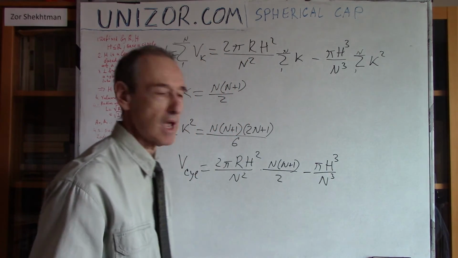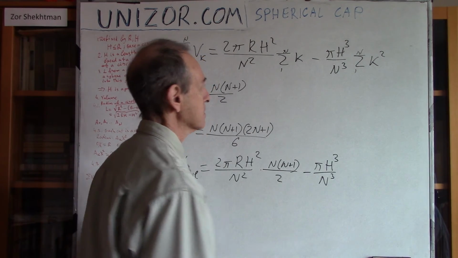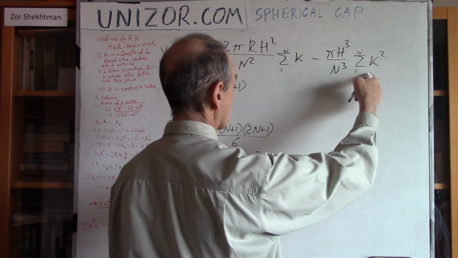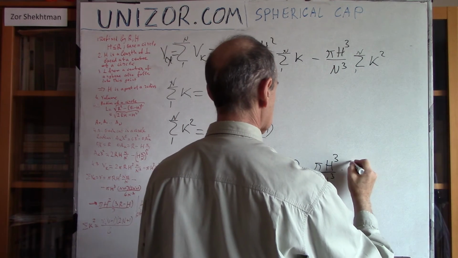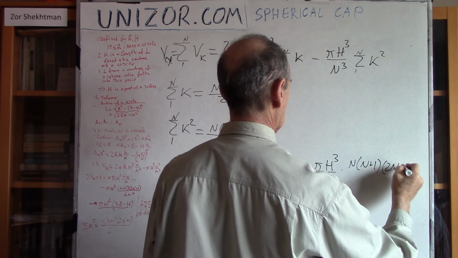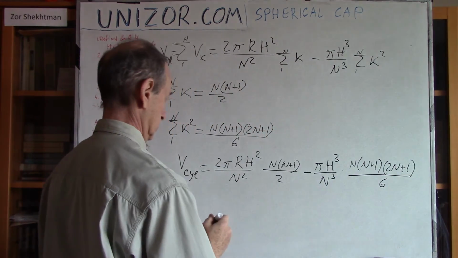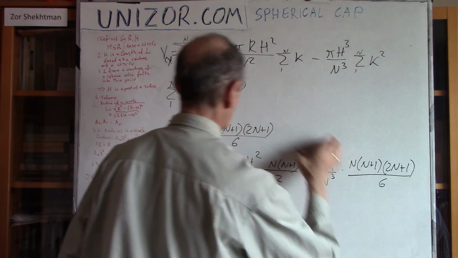I hope you're not scared by these formulas, right? I mean, you have to do it, that's it. Times sigma of k square, which is n times n plus 1 times 2n plus 1 divided by 6. Alright.